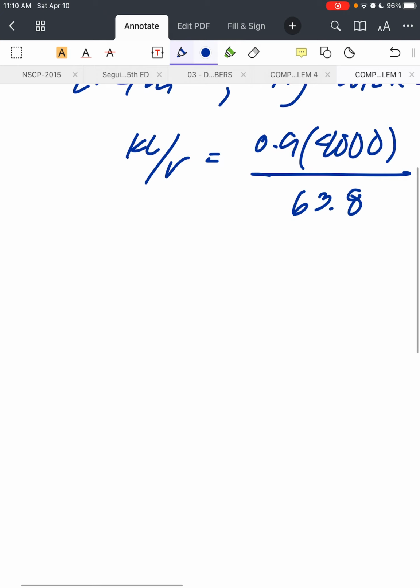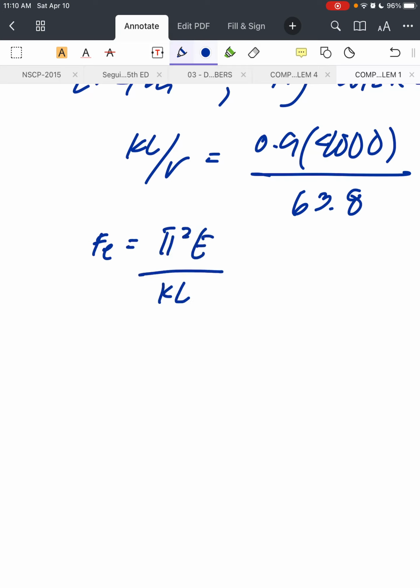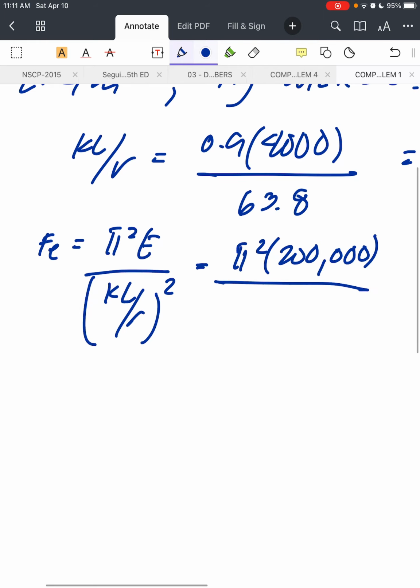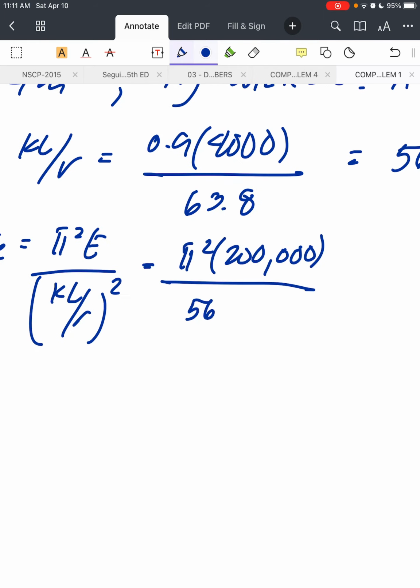Now for your Fe is equal to pi squared E over (KL over r) squared. So pi squared times 200,000 over 56.426 squared.